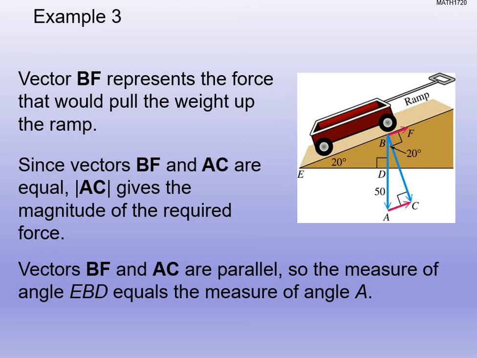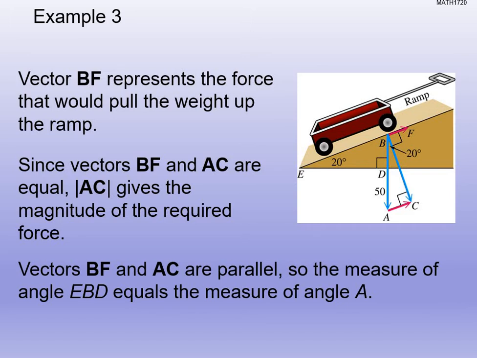So that means angle EBA is 70, which also means BAC is 70, which is why angle ABC is 20. So it's very important that we understand that.